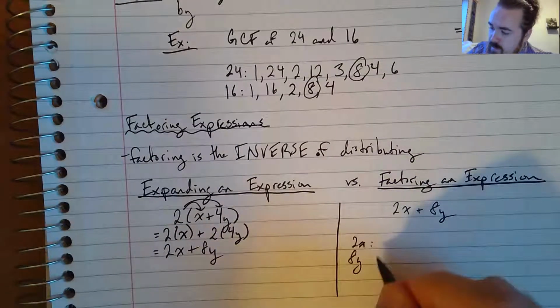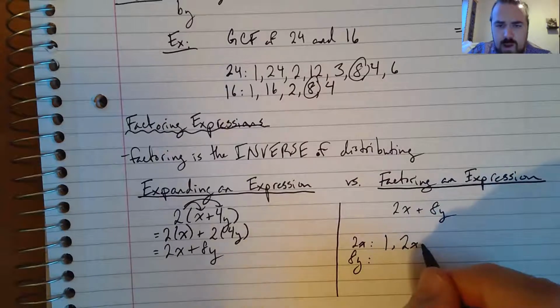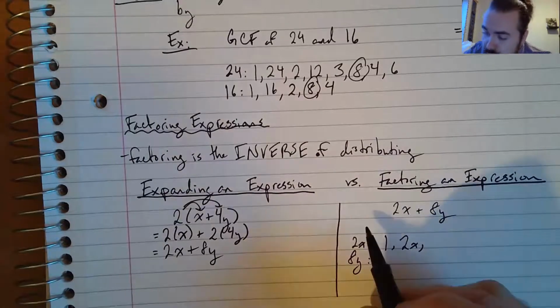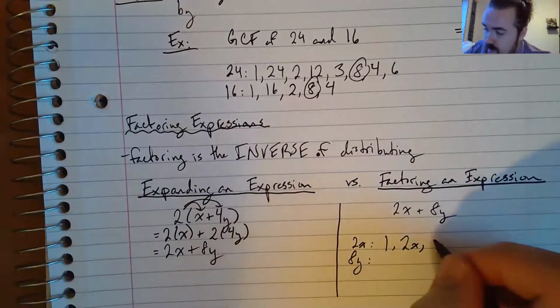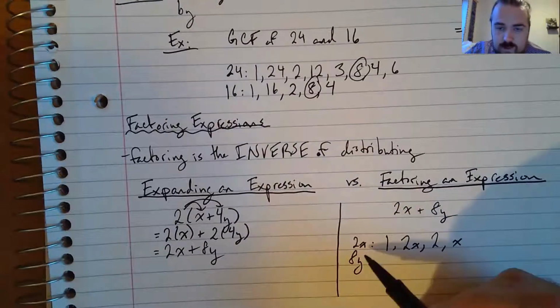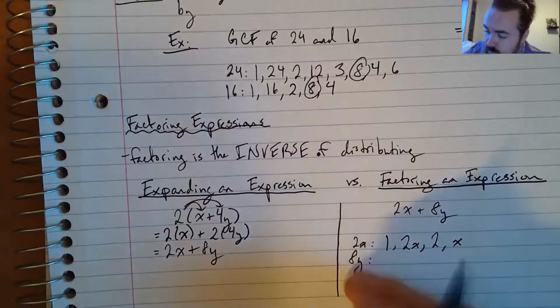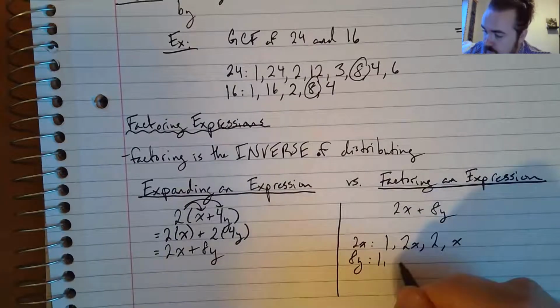For 2x, you can always start with 1 times the number, so 1 times 2x. Go up from 1, 2. Well, 2 times what equals 2x? 2 times x equals 2x. So I have 2, and I have x. And there's no number larger than that, so no greater GCF. 8y, again, start with 1 and 8y.